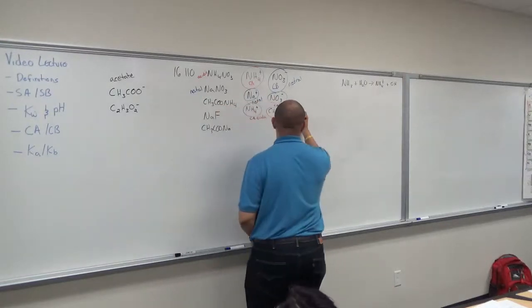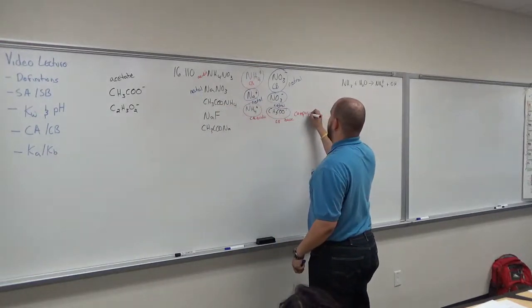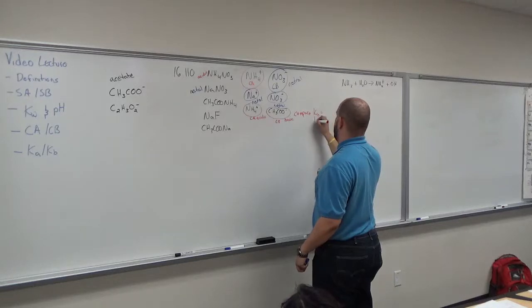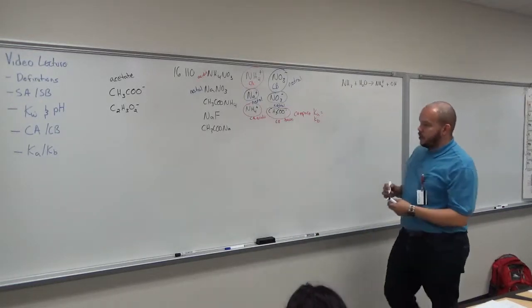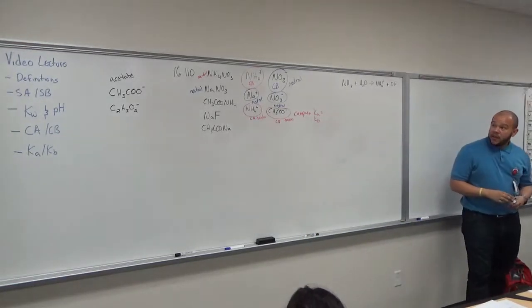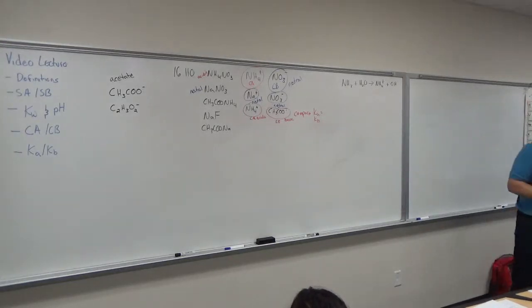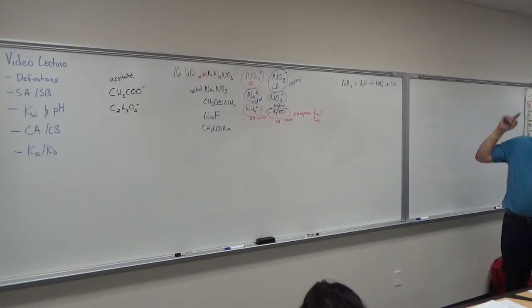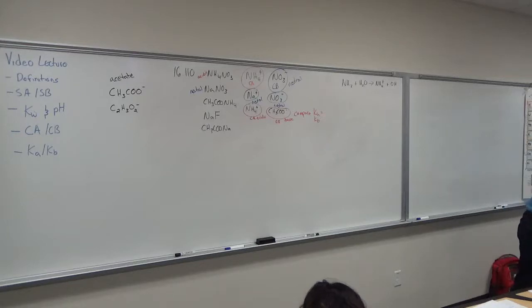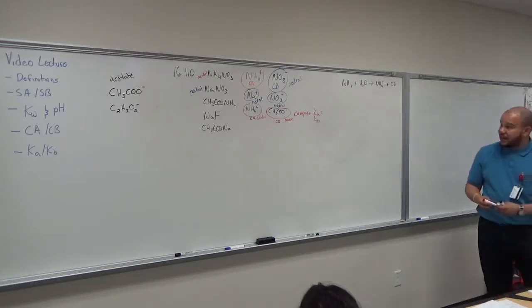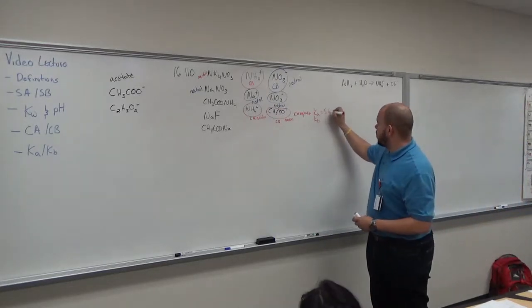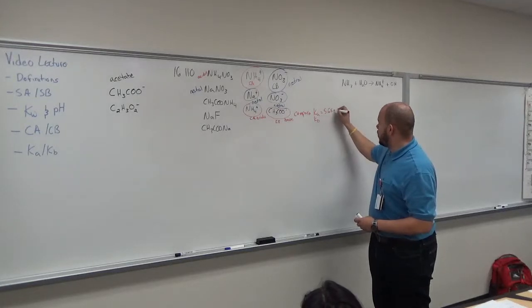We have to compare, in this case, Ka and Kb for these two. If we look at the Ka for NH4, we take 1e to the negative 14 divided by Kb for ammonia, 1.8e to the negative 5, and we end up with 5.6e to the negative 10.